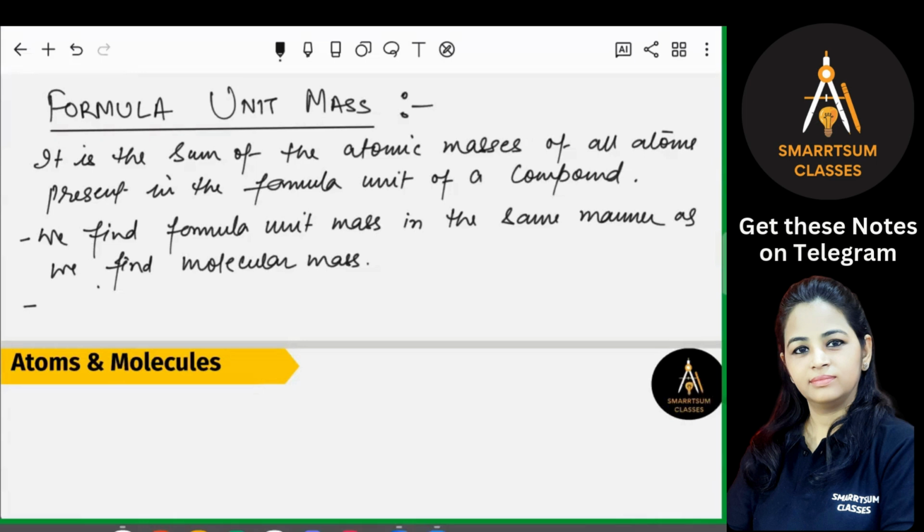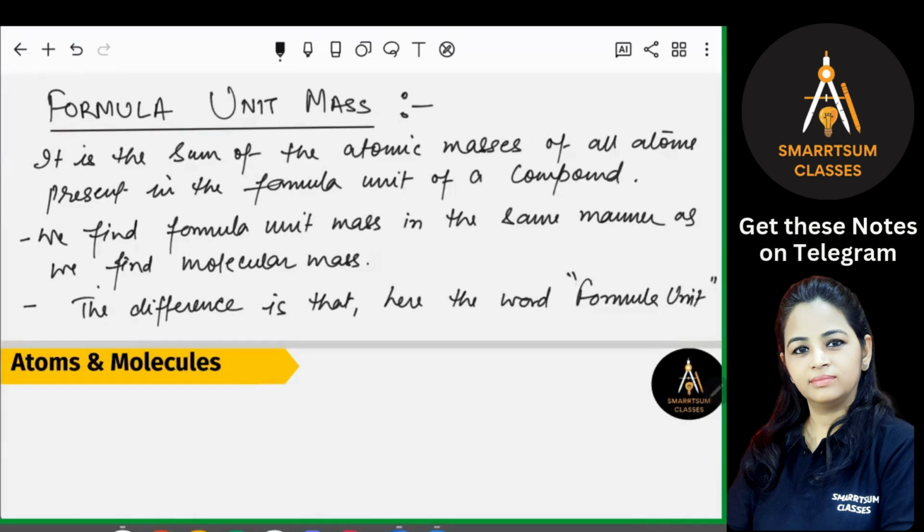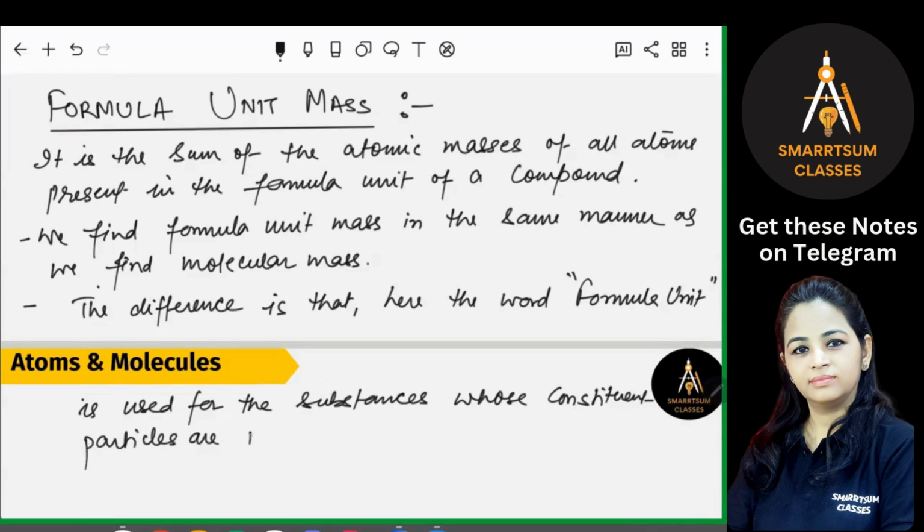The difference is that the word formula unit is used for the substances whose constituent particles are ions. So these are used for ionic compounds.